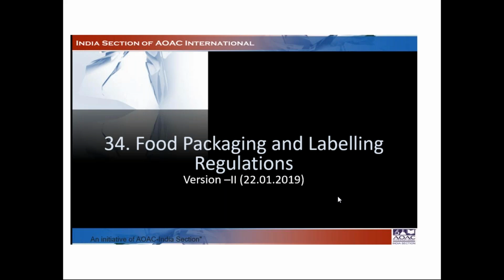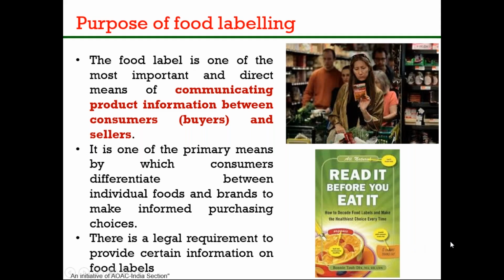If you look at a label, what is the purpose of food labeling? It is a means of communicating to the consumer information about the product, so that the consumer, when he or she reads the label, can make an informed decision whether to buy the food product or not.